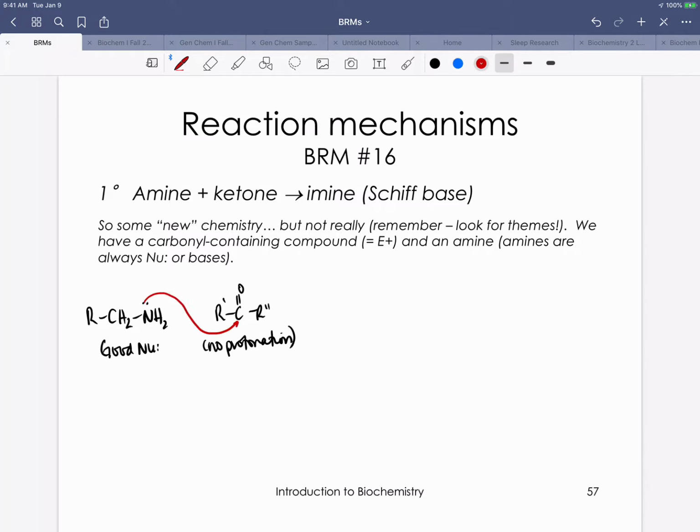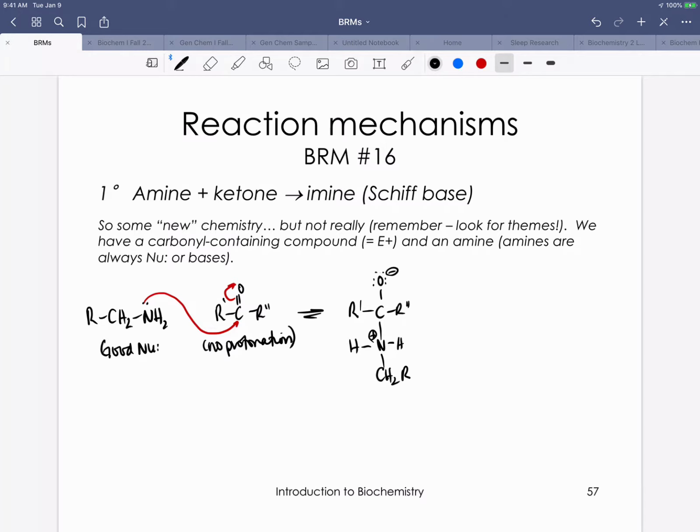Nucleophilic attack on a carbonyl of a carbonyl-containing compound to generate a tetrahedral intermediate. And what we're going to see here is, again, a unique situation.